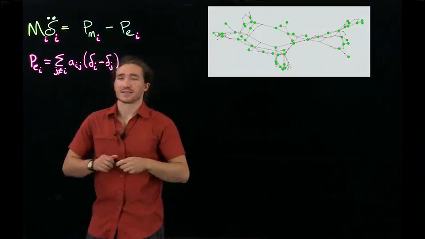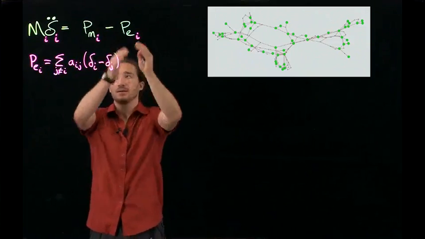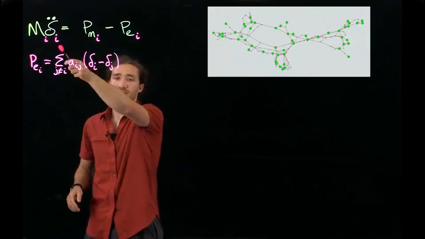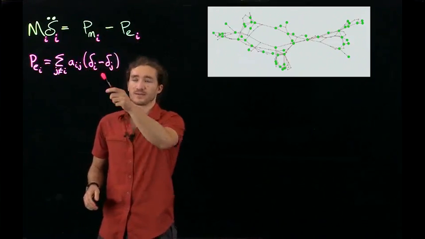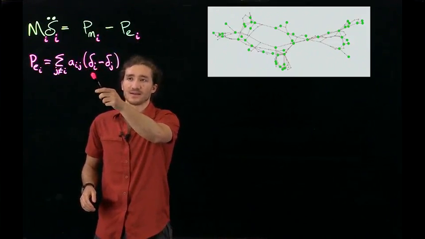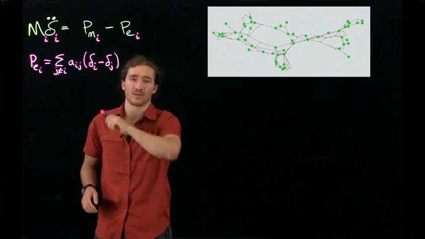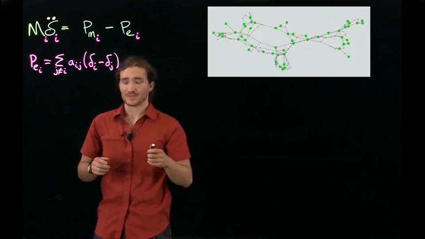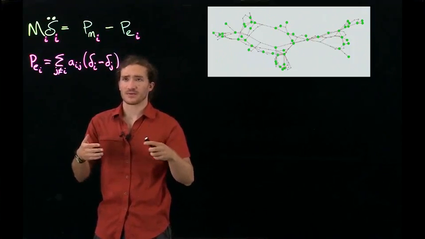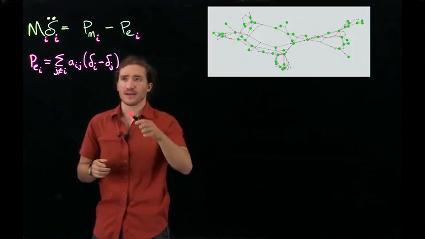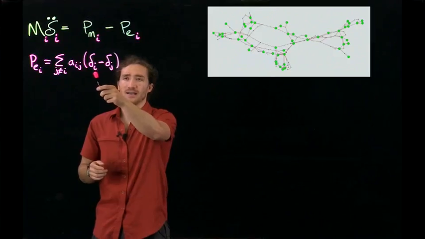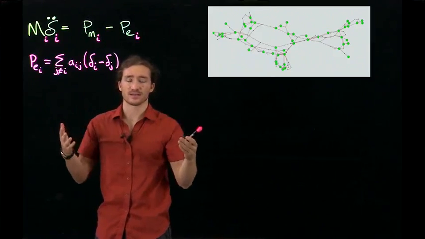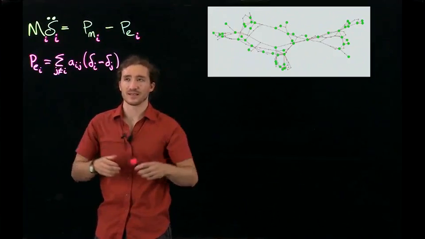So this is very interesting. If we plug this term up here, we actually see that the acceleration of rotor I depends on the relative angle of rotor I with all the other rotors. In fact, let's suppose that rotor angle I is much greater than all the other rotor angles. So we're going to use a term leading in this case.